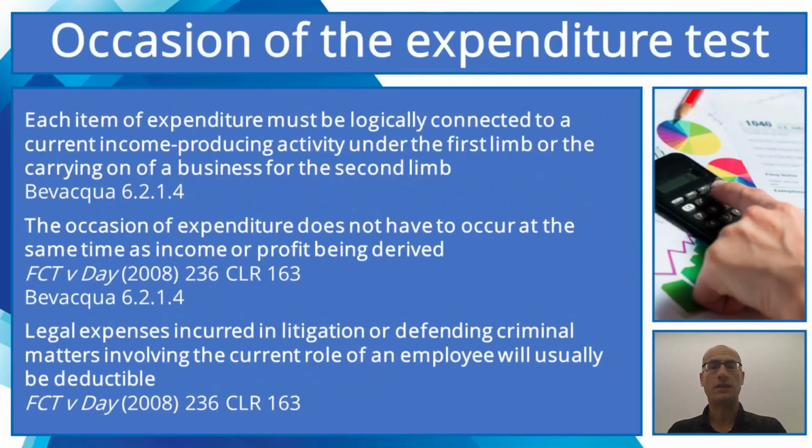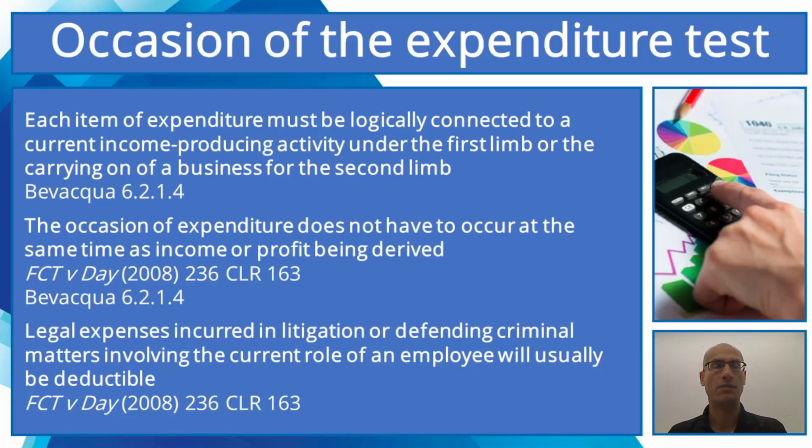The final test that the courts use is what's called the occasion of the expenditure test. Now, this is looking at each particular item of expenditure and examining its logical connection to the relevant income producing activity or the carrying on of a business. Now, it's important to note here that this is similar, but not fundamentally based in time.